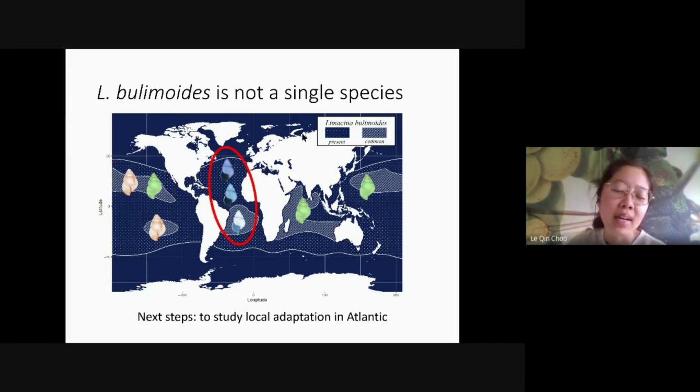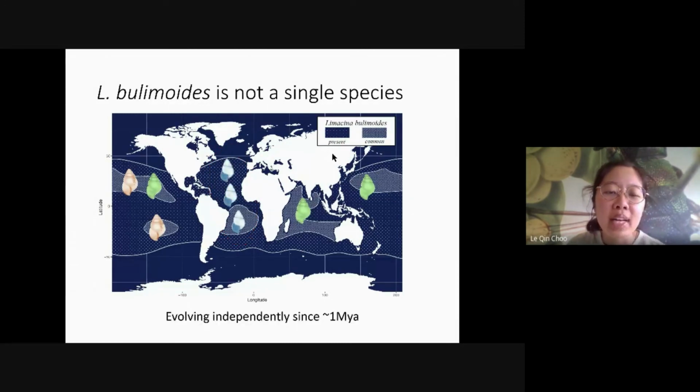For further work, I would like to study functional variants in the Atlantic to get an idea of local adaptation. We find that these lineages have been evolving independently since about 1 million years ago. So it's pretty likely that their genomes are different and they will have different responses to future stresses.